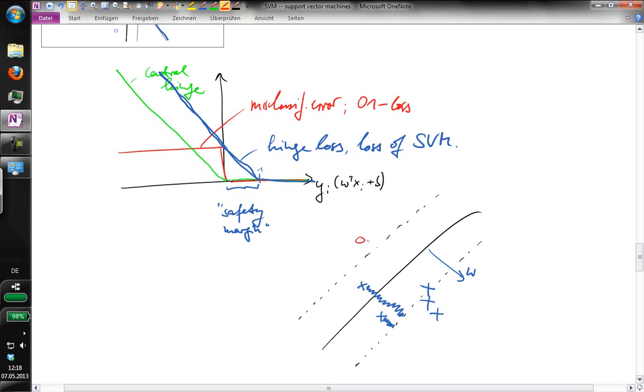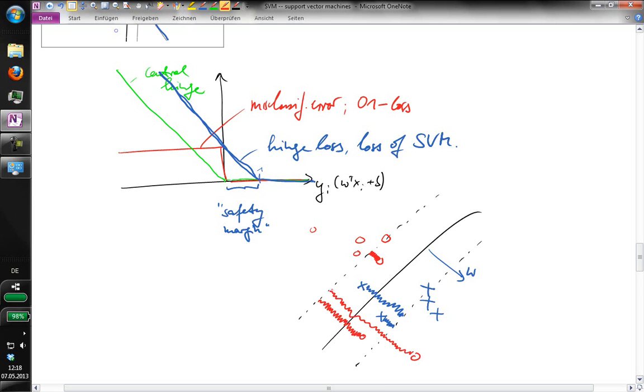Here I pay nothing because I'm safely on the correct side. Here I pay nothing. On the margin itself I pay nothing. But as soon as I invade the margin, I have to pay a cost that depends on this distance here. And the further I am away, the higher my cost, and so on. So this is what the function says.